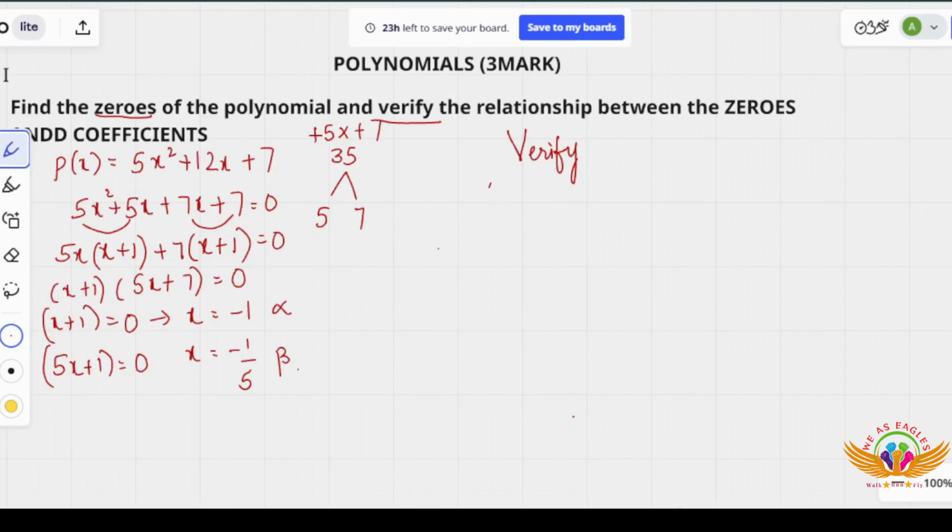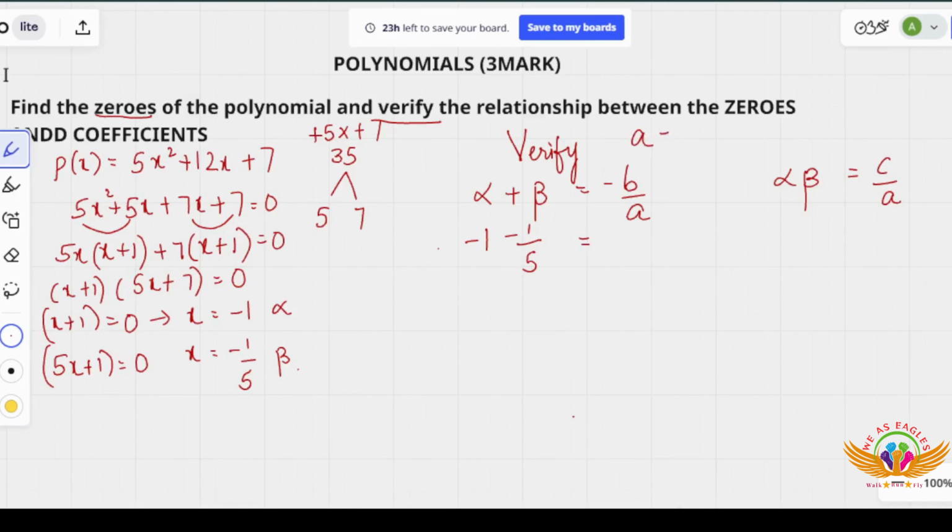Okay, so we have the first thing, that is sum of zeros, alpha plus beta is equal to minus b by a, and the next part is alpha into beta is equal to c by a. Alpha is minus 1, beta is minus 7 by 5 is equal to, what is a, b, c? I'm going to write here.